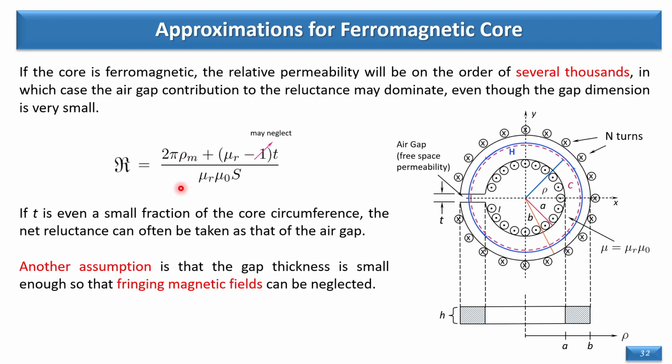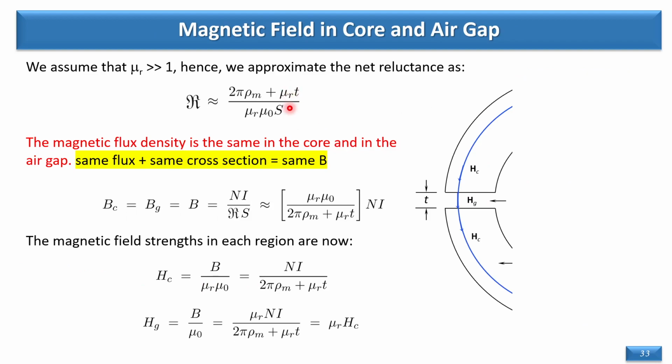We have the same magnetomotive force, so we can calculate the flux, and as I said, we choose the gap to be small enough so that the flux doesn't change its cross section from the core to the air. So this is the approximation after neglecting one, and because the cross section is the same, the magnetic flux density B is continuous.